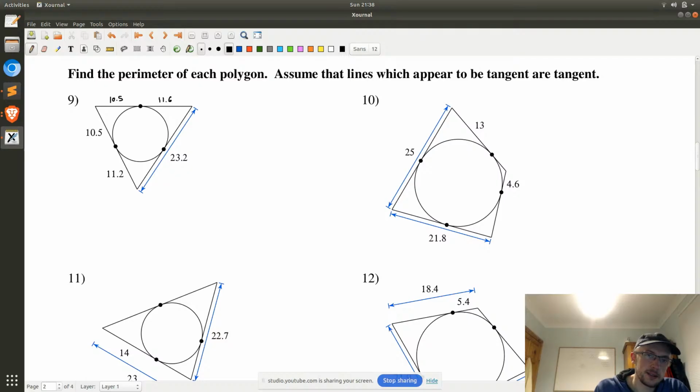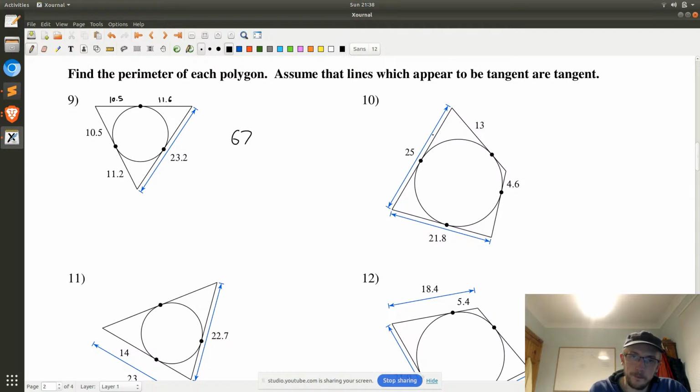So that's 11.6. So now add everything together. 23.2 plus 22.1 is 45.3. 45.3 plus 21.7 is 67.